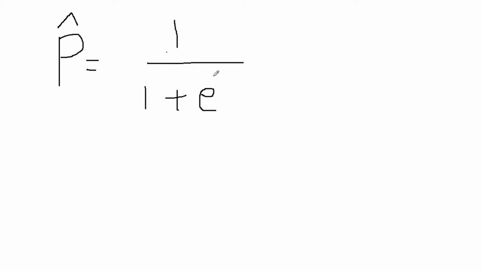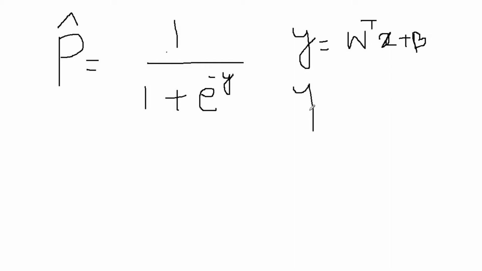So in the earlier video, we saw our probability value can be equal to 1 by 1 plus e to the power minus y, and y was defined as W transpose x plus beta, or it can also be written as theta t x.